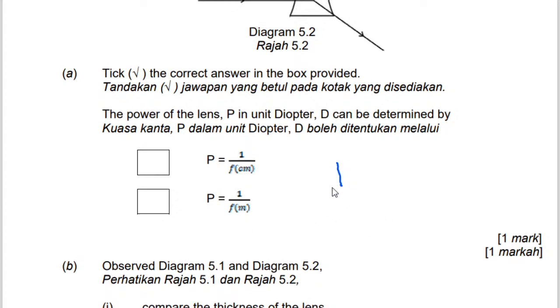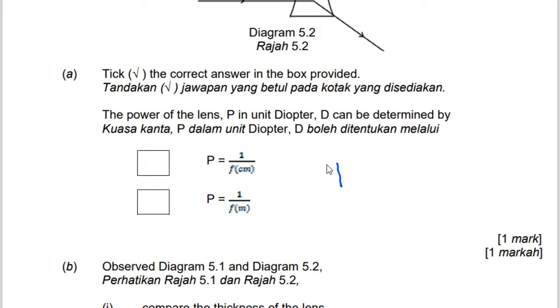So the answer is obvious. But when you write for power, unit per centimeter is also accepted, because if you use centimeter, the unit for power will be per centimeter. So per centimeter is a unit for power, and per meter is also a unit for power. But if they ask you about diopter, you must use meter.